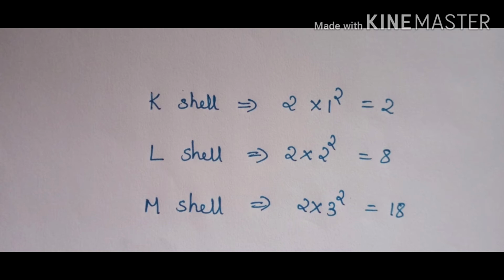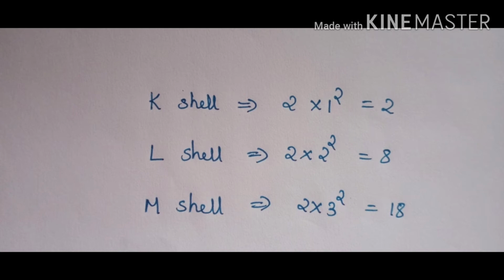Thus, the second period has 8 elements, and the elements in the second period contain K and L shells in their electronic configuration. M shell can accommodate maximum 18 electrons, but the outermost shell can have only 8 electrons. So the third period also has only 8 elements.